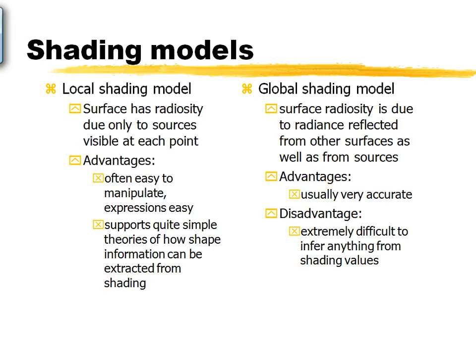Local shading models basically say that, well, the surface has a radiosity due to sources that are visible at each point. Right? So I compute for every point in my object and solve the equation that we looked at. Right? The relationship between some source, my geometry at that point, and what the camera is, or the viewing angle of the camera.